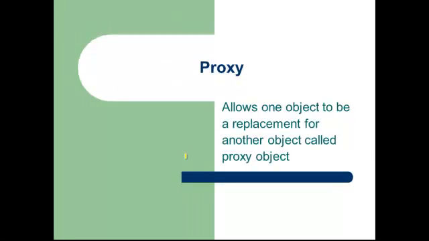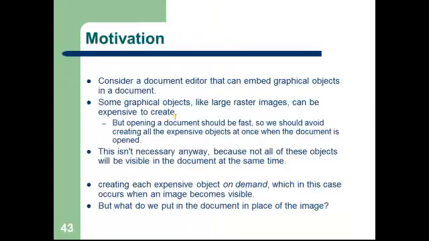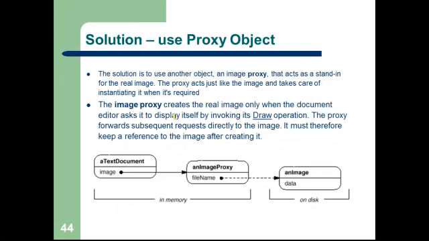Okay, and let's talk about the proxy. Simply said, a proxy is a lightweight object that replaces a heavyweight object. For example, if you're downloading a big image, it takes too long to download, so we replace it with a proxy image. That's the icon, the circle that goes around the GIF image.